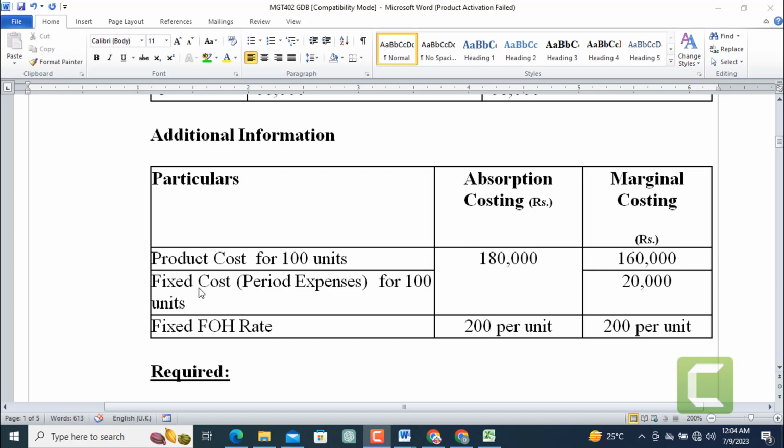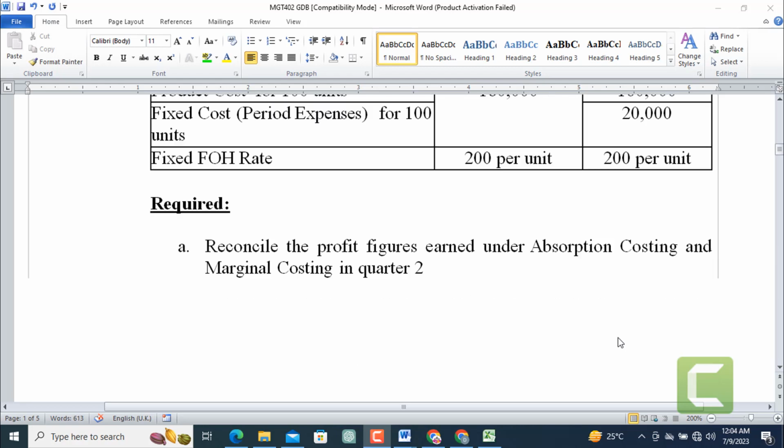So look at this, even fixed cost for 100 units, factory overhead cost, is also included in this one. But in case of marginal costing, we have two components. One is product cost 160,000 and one is 20,000, which is related to the fixed cost of FOH. Now in the third row we have fixed FOH rate 200 per unit. Now we will move to the requirement.